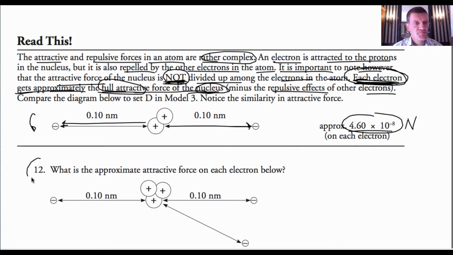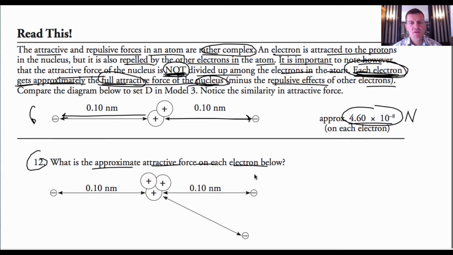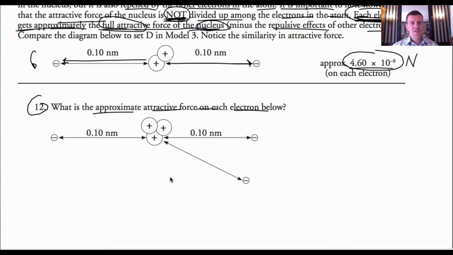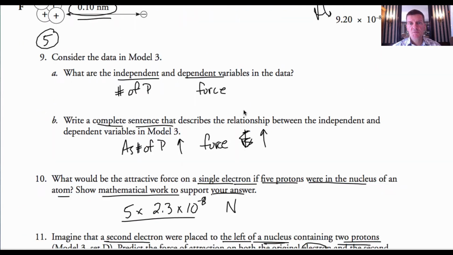What is the approximate attractive force on each electron below? Well, in this case, for each electron below, you have 3 protons pulling on electrons, and all of these are the same distance away. So in this case, they're all going to feel the same. We have to look back up here to find it.